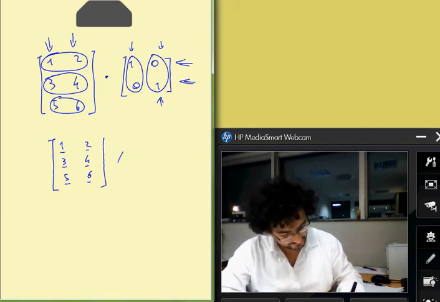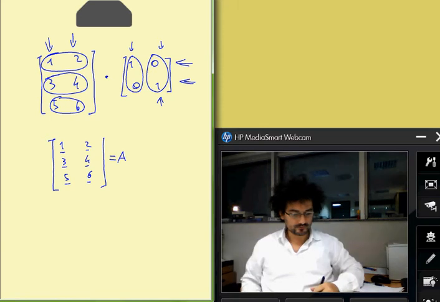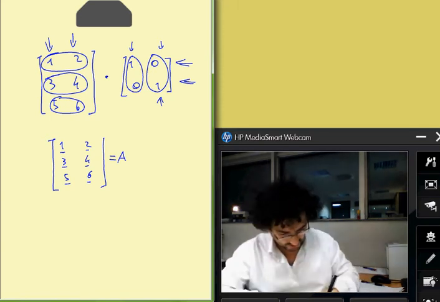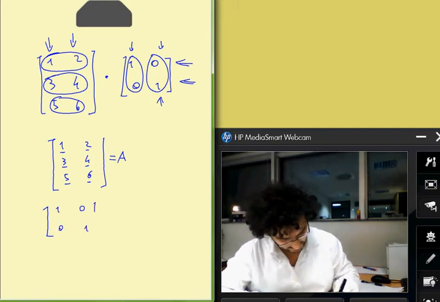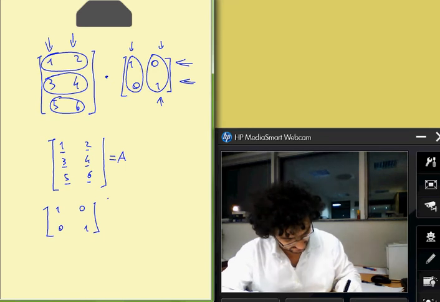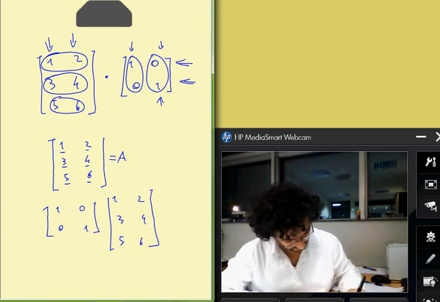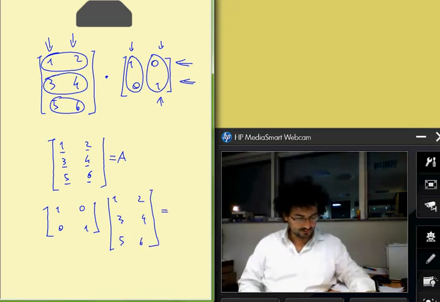So finally we get matrix A. In the same way, you can check by yourself that if we multiply the 2 by 2 identity matrix by matrix A, which is 1 2, 3 4, 5 6, you get matrix A.